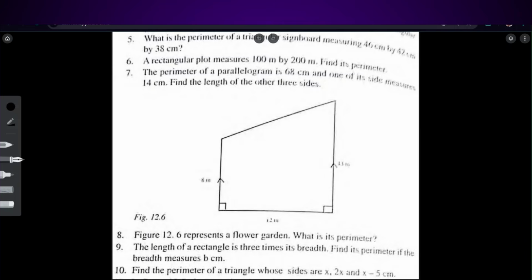I'm looking at number 10. Find the perimeter of a triangle whose sides are x, 2x, and x minus 5.